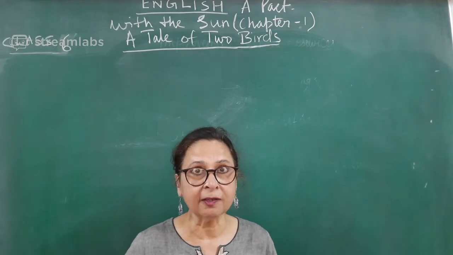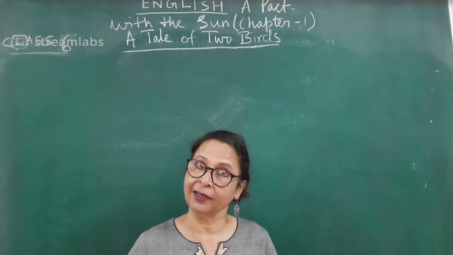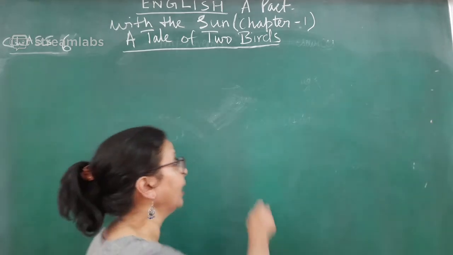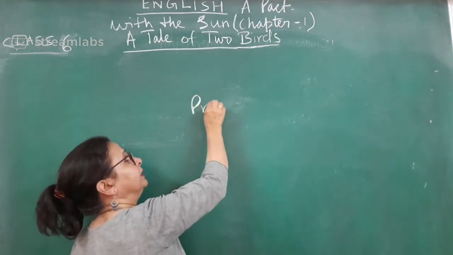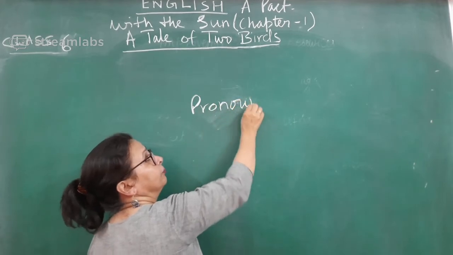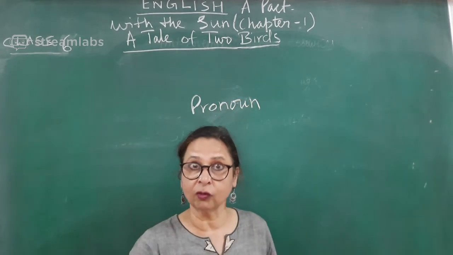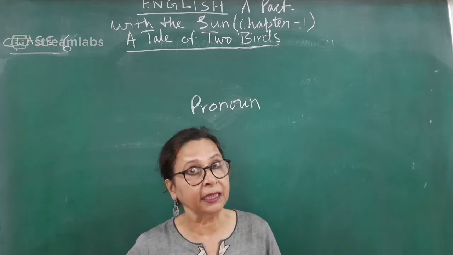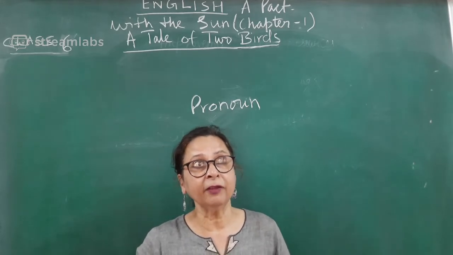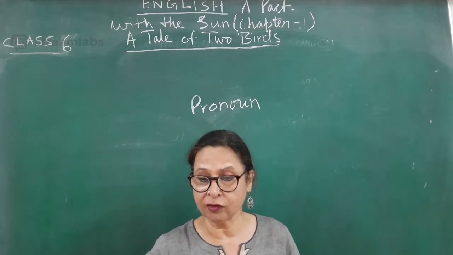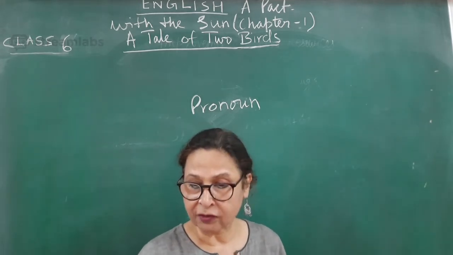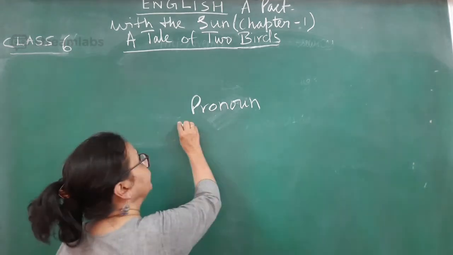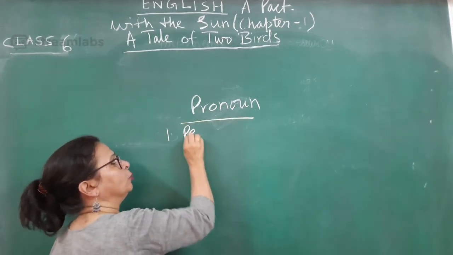Pronouns are the words that come in place of nouns. Always remember they come in place of nouns. Like Rahim, so instead of Rahim I would say he. When we are using them for persons, it is called a personal pronoun. We are taking up just the important ones.